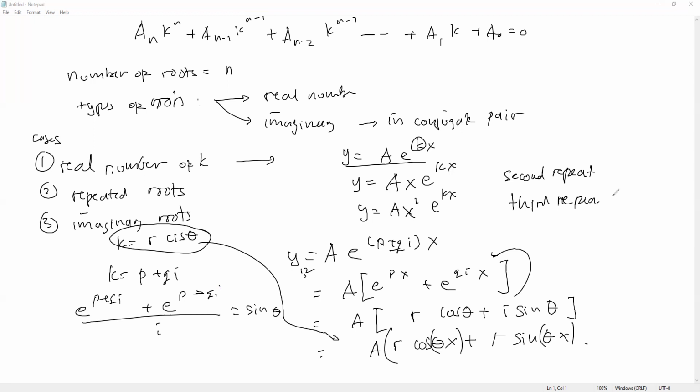No longer getting the i, because the i is used in changing the e to the power of a complex number into two trigonometric functions. This is the general answer for this type of question. Let's start with each case example in the next several questions. We're going to see question number 1, case of real number for k.